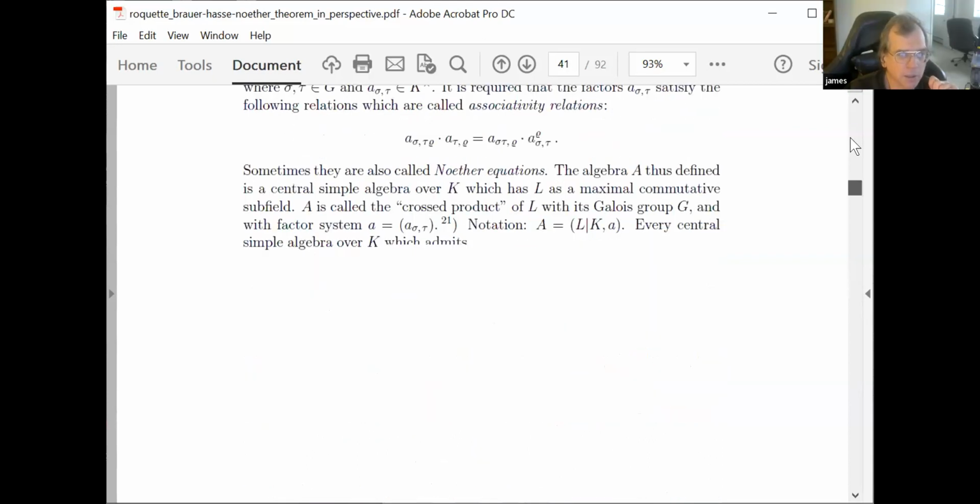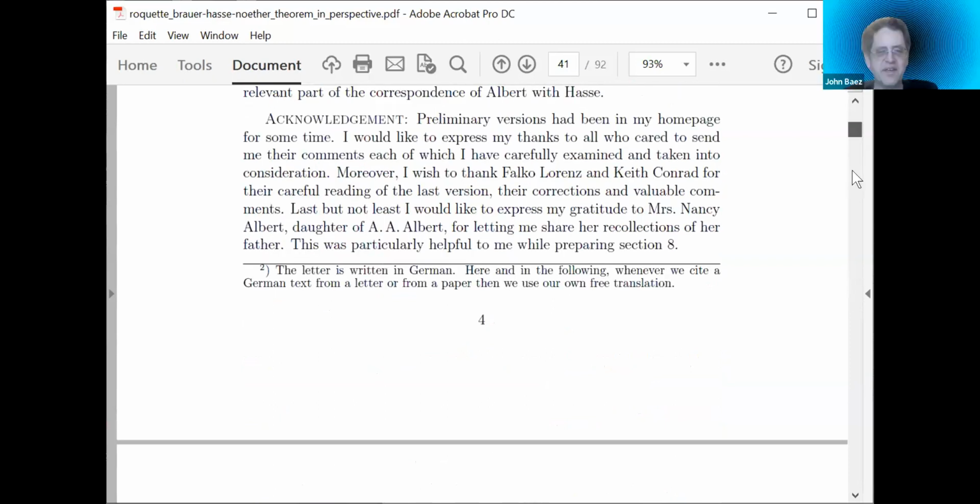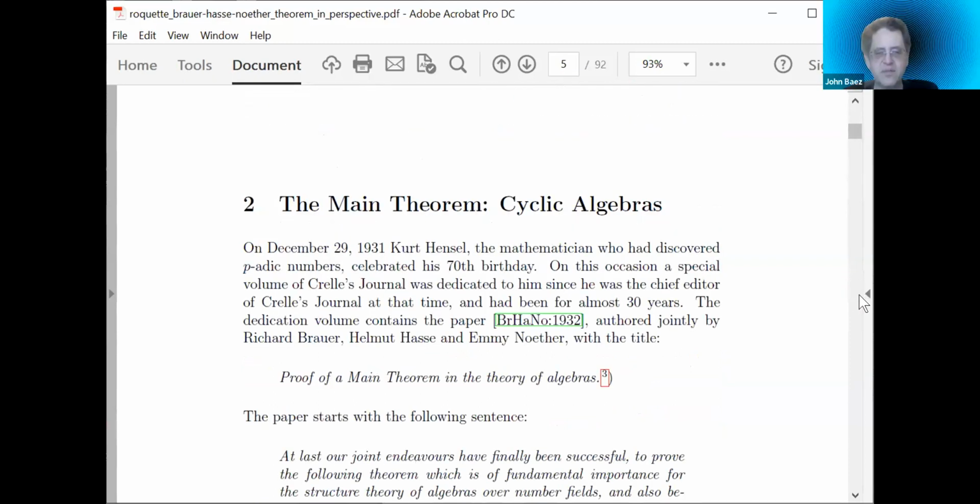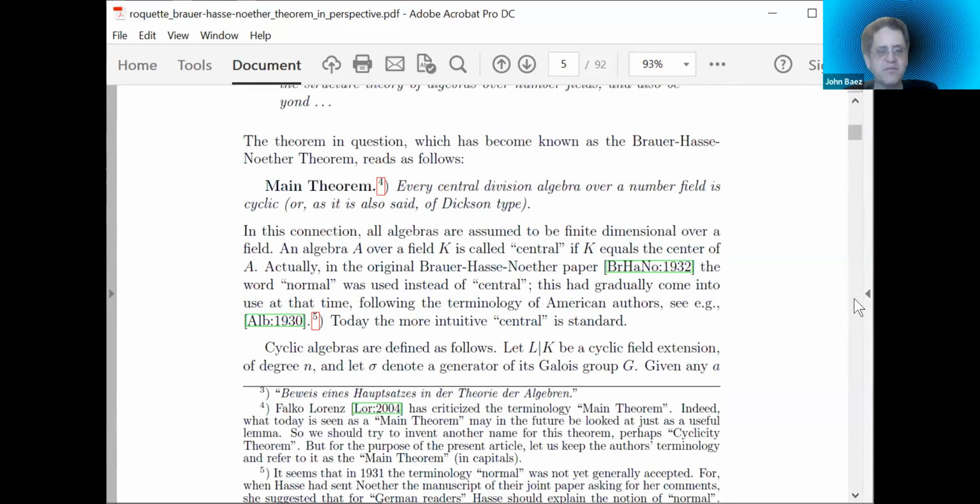And maybe I'll tell you something about it. Every central division algebra over a field, that means the field is the center of the division algebra. So it's like the opposite of a field extension, where the center is the whole extension. The quaternions are a central division algebra over the reals.